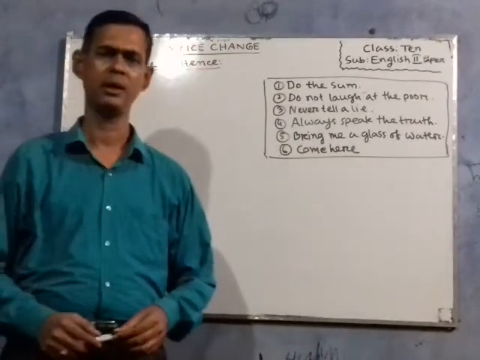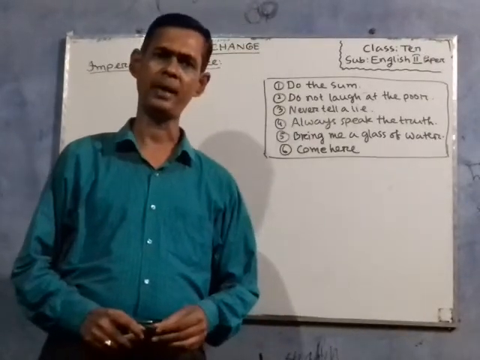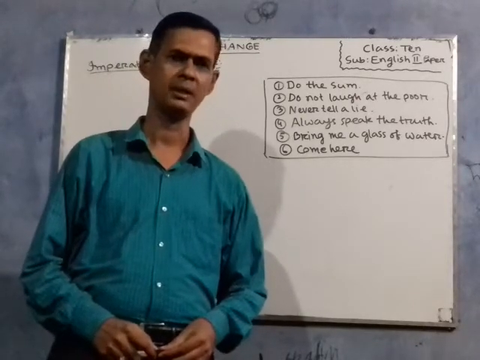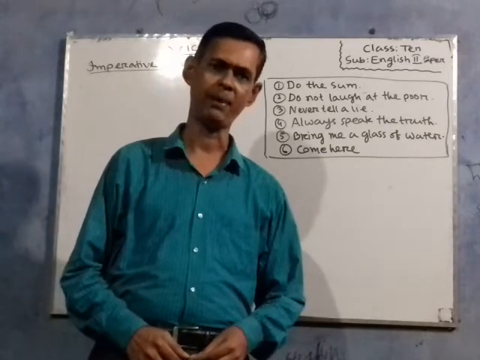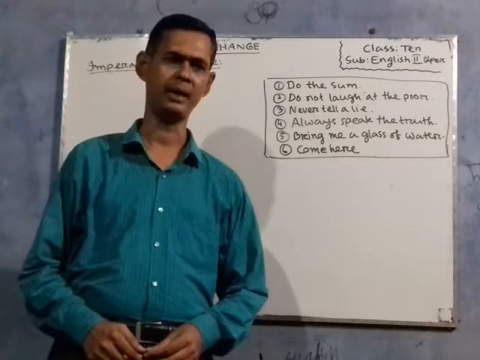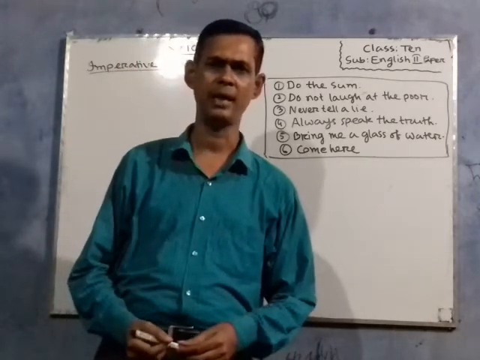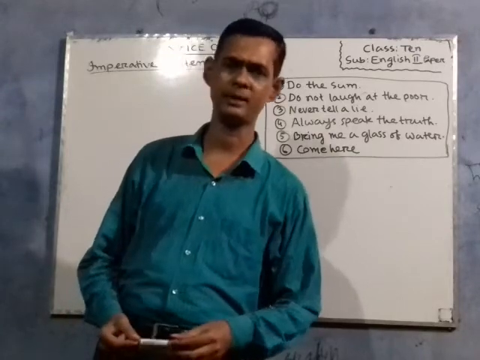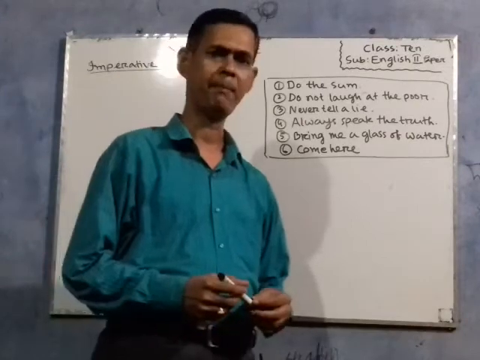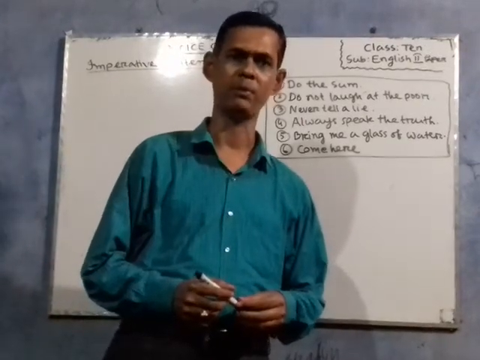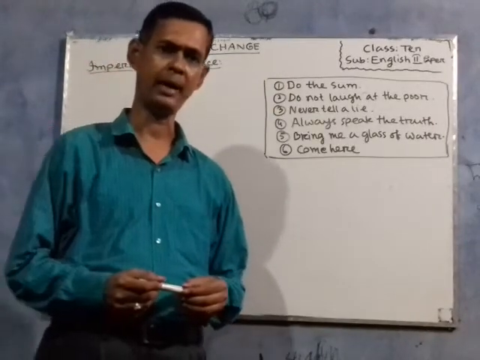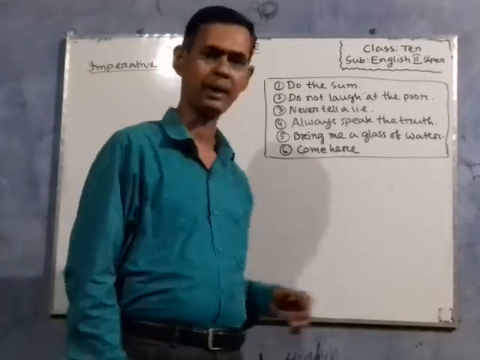In an imperative sentence, at the beginning there will be a principal verb, or do not, or don't, or let, or please, or kindly, and at the end of the sentence there will be a full stop. Understand, everybody? Today I will teach you this item by practicing some examples. So I hope that you will be attentive in my class.